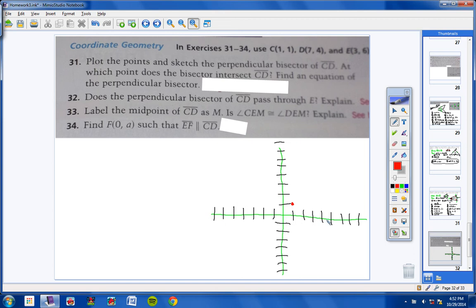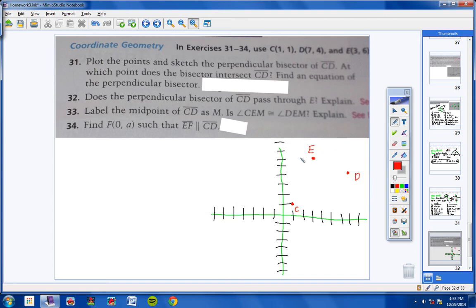Over 7 and up 4, so about right here is point D, and then over 3 and up 6, so 1, 2, 3, 4, 5, 6, over 3, about right here. Okay, so I'm going to go ahead and put C here, D here, and E here.